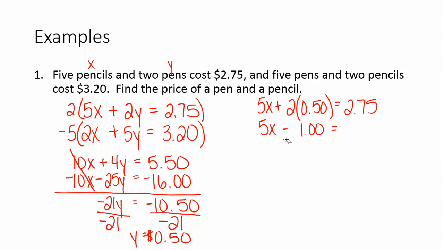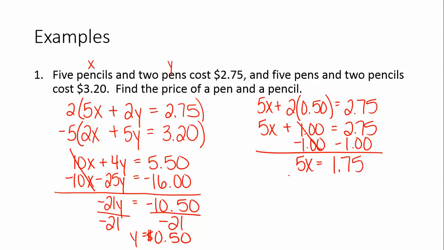Whoops, that should be a plus sign. 275, I'm going to subtract $1 from both sides. 5x equals $1.75. Divide both sides by 5. So $1.75 divided by 5 is 35 cents.